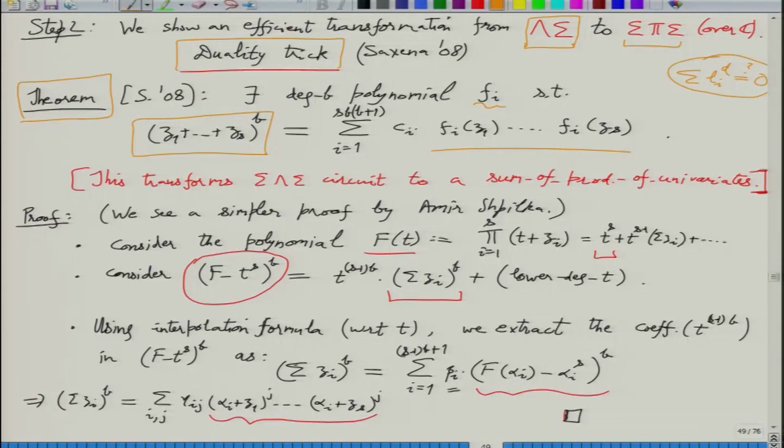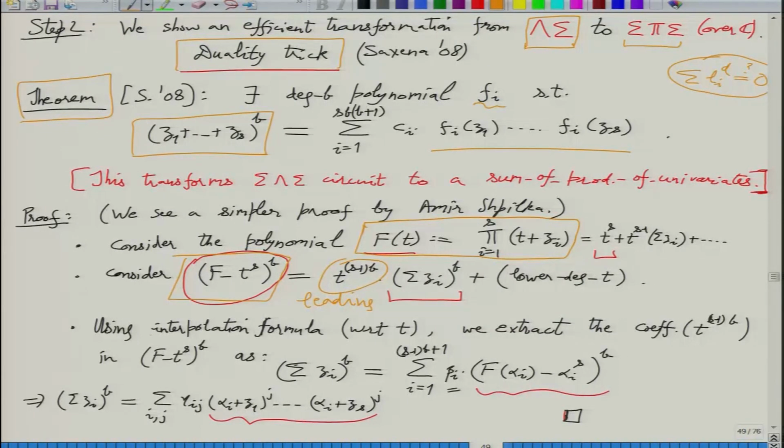And the proof was just by looking at this auxiliary polynomial and from this extract the coefficient of t raised to s minus 1. Well, not exactly here, but here in this. So in this f minus t raised to s raised to b, you extract the coefficient of t, basically the leading coefficient, right. Extract the leading coefficient, and that you can do by interpolation.